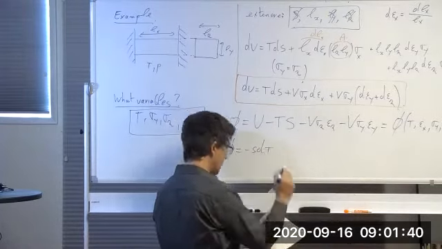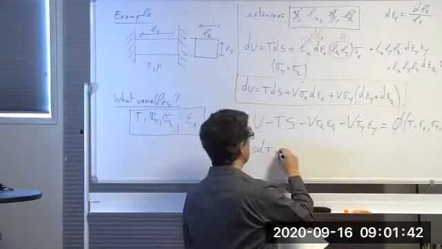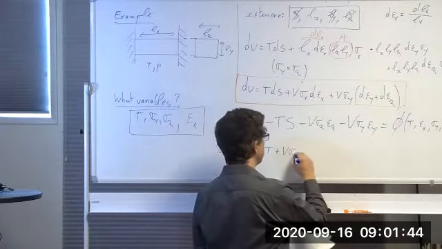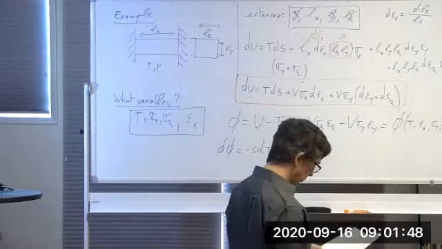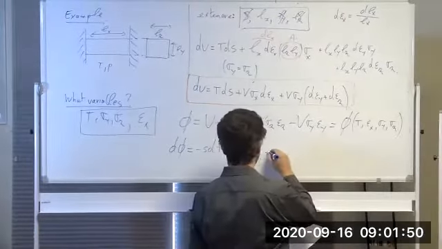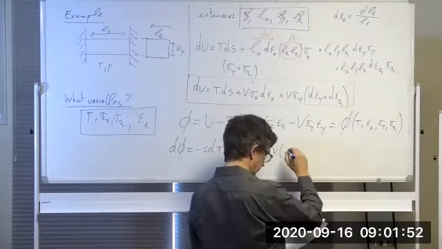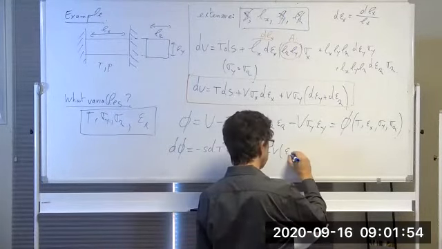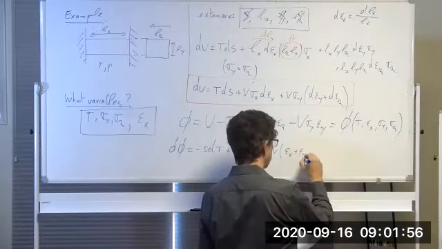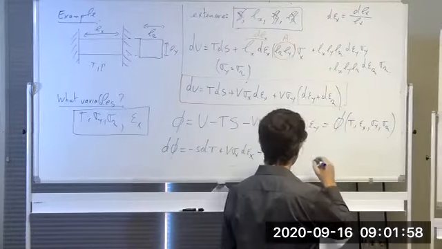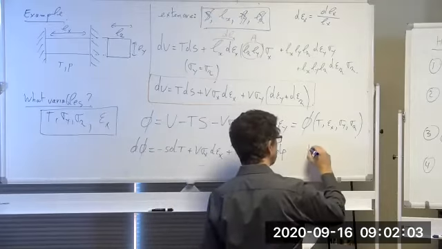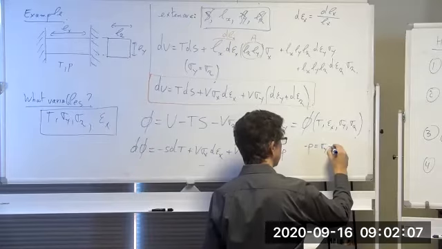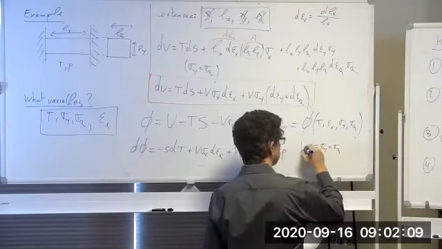So that's going to be minus S dT plus V sigma x d epsilon x, because I have not Legendre transformed with respect to the x direction, plus V times (epsilon x plus epsilon y) times dp. And I've now assumed here, I've set equal that p or minus p is sigma y equals sigma z.